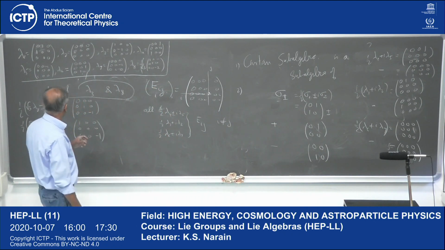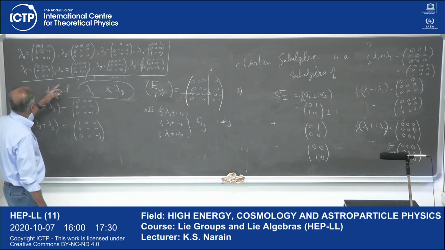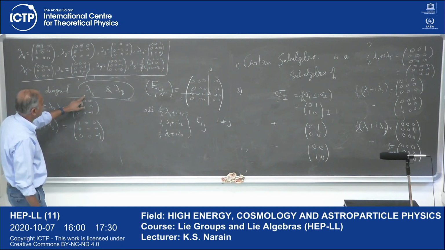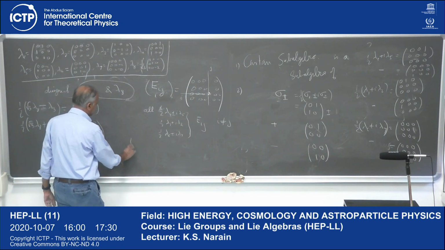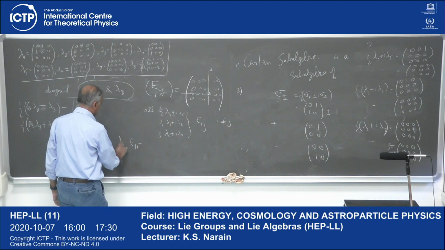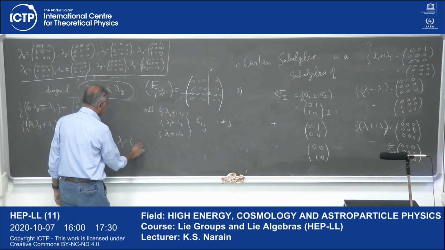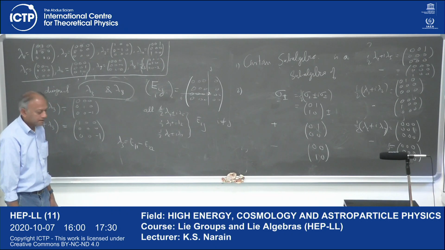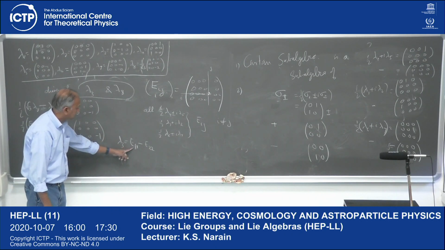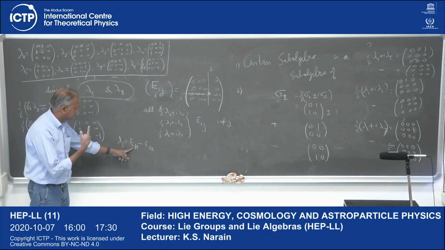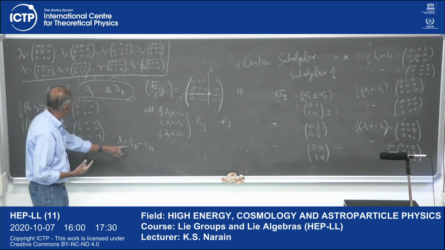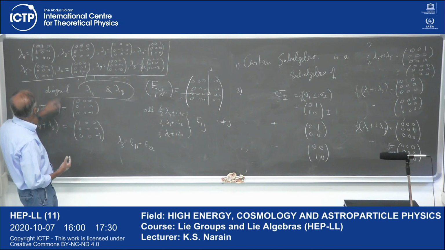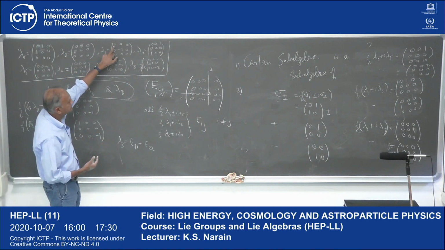Okay. What about our, say, the basis? Lambda 3 itself is E11 minus E22 in this notation, right? So E11 is a matrix whose only non-zero element is the 1,1 entry, being 1. So that takes care of this number here.